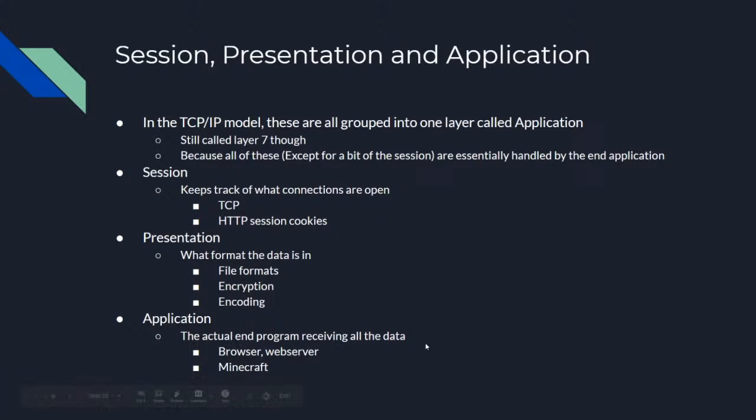And then we have the application layer, which is the actual end program receiving all the data. For example, the browser and your web server are both application level things, as well as Minecraft would be an application example. They're what's receiving all this data.